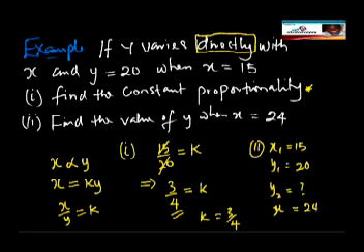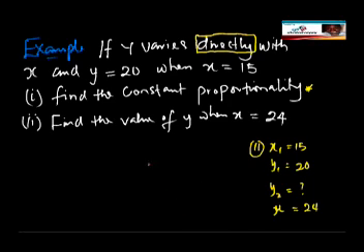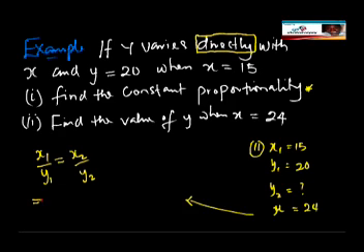So if I decide to use this other formula, x1 over y1 is equal to x2 over y2, that will be set as 15 over 20 is equal to x2, which is 24, over y2.